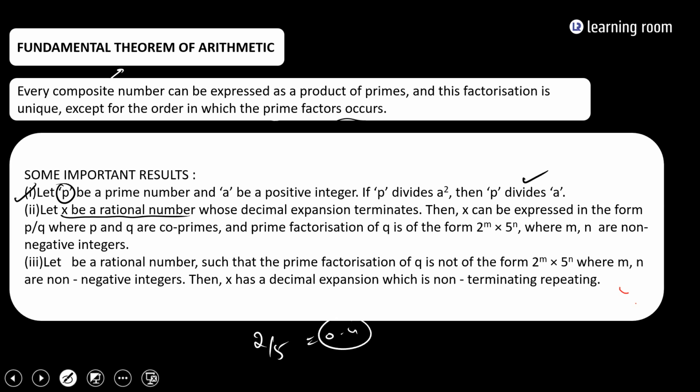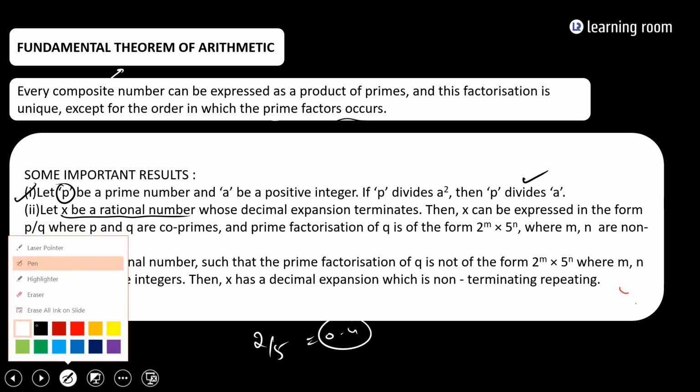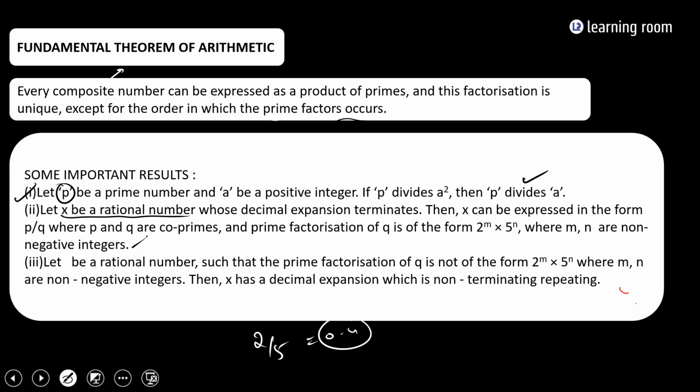If you have this kind of a number, then x can be expressed in the form p/q, where p and q are co-primes, and the prime factorization of q is of the form 2^m times 5^n, where m and n are non-negative integers. Similarly, what about the numbers which are non-terminating? What can you say about them?